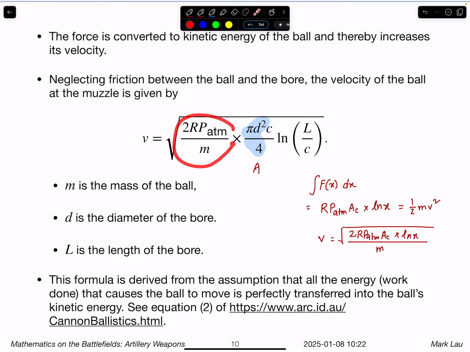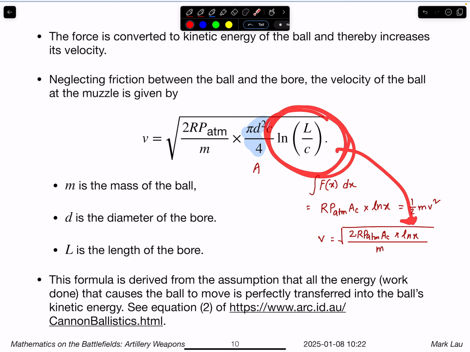Okay, this part is exactly the same, and A is basically this, because we can clearly see that the cross-sectional area of the bore is the area of a circle, which is pi r squared, and if we write the formula in terms of diameter, we can write pi (d/2) squared, which is pi d squared by 4. And then the only difference is in this part.